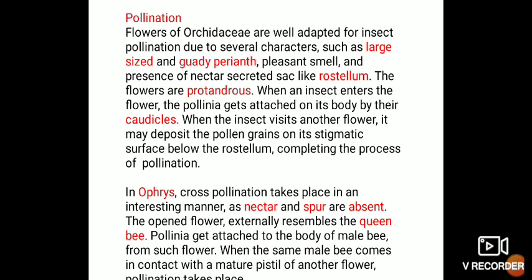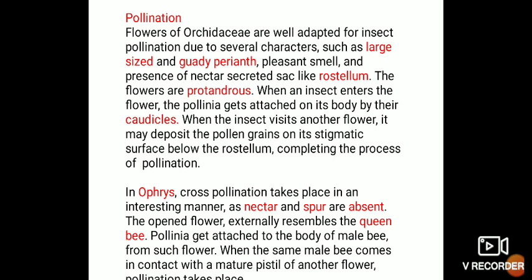When an insect enters the flower, the pollinia get attached to its body by their caudicles. When the insect visits another flower, it may deposit the pollen grains on the stigmatic surface below the rostellum, completing the process of pollination. In Ophrys, cross pollination takes place in an interesting manner. As nectar and spur are absent in this species, the open flower externally resembles the queen bee, the female bee.